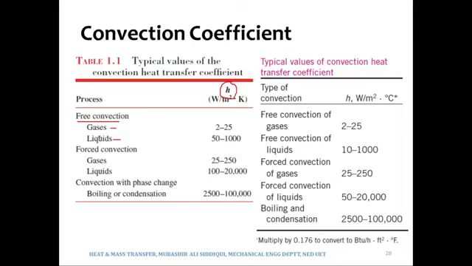So what does this mean? If water has got a Cp of 4.2 kilojoules per kg per Kelvin as compared to the Cp of air, which is 1.005 kilojoules per kg per Kelvin, it means that water can absorb 4 times the energy as the energy absorbed by air in order to bring a unit change in temperature.